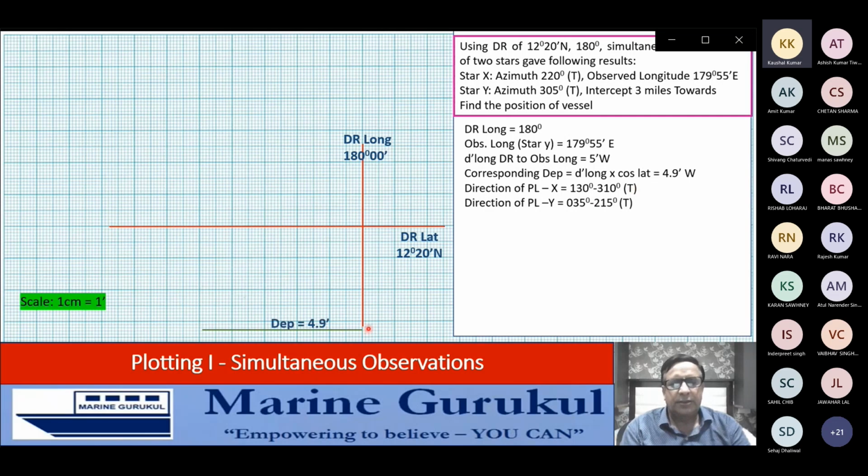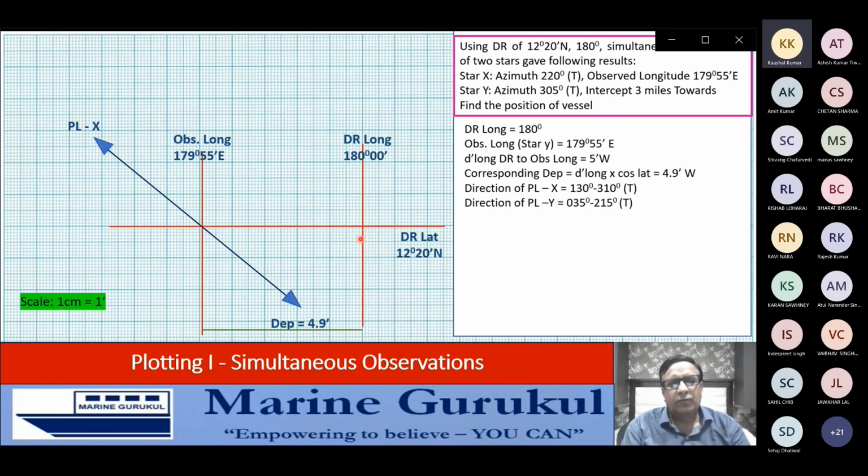Here is the departure to the west, 4.9 miles, and here is the meridian for the observed long. Wherever the DR lat intersects the observed long, this is the point through which the PL for star X has to be drawn, and its direction is 130 to 310. So here is the PL for star X, which comes up on the plot.